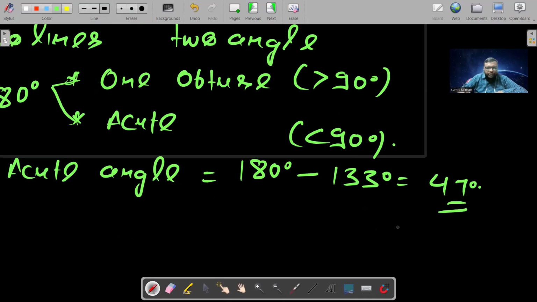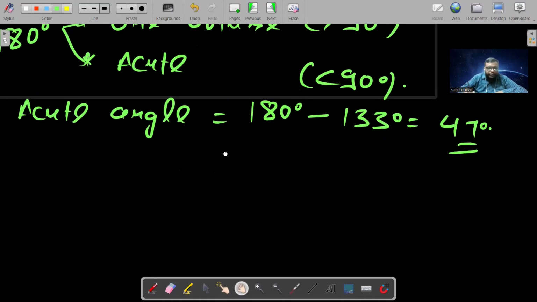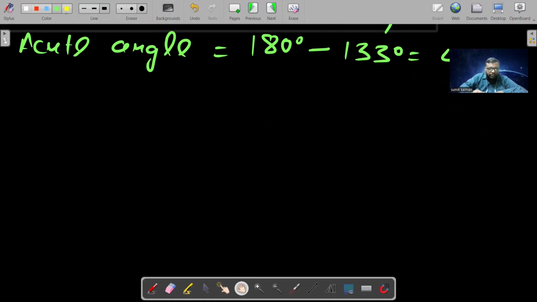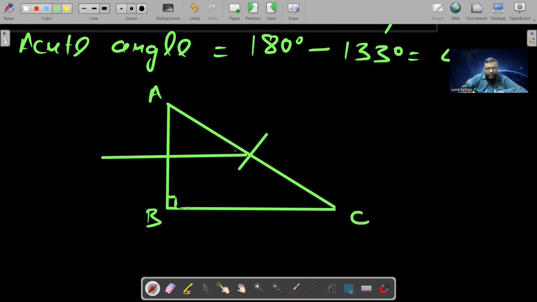So students, here we will draw the prism ABC. Let me draw. This is the acute angle, 47 degree. And this whole 133 degree.